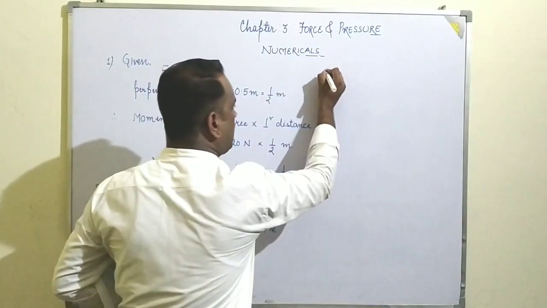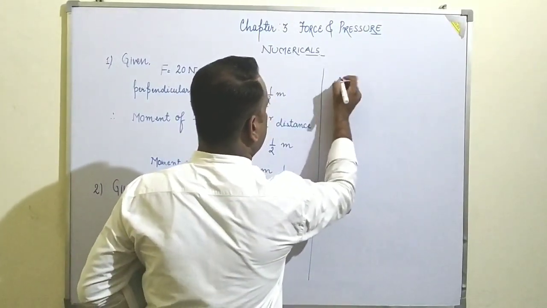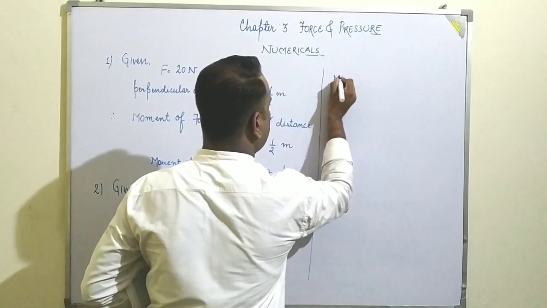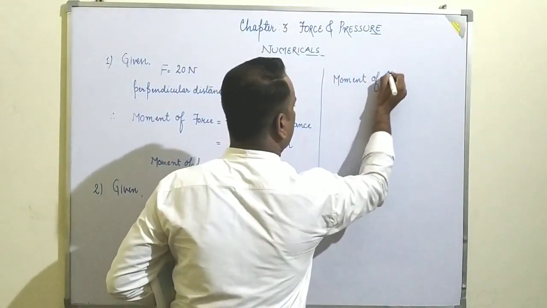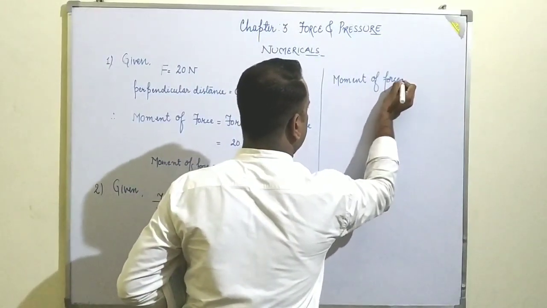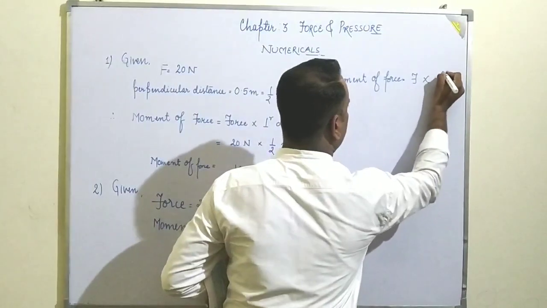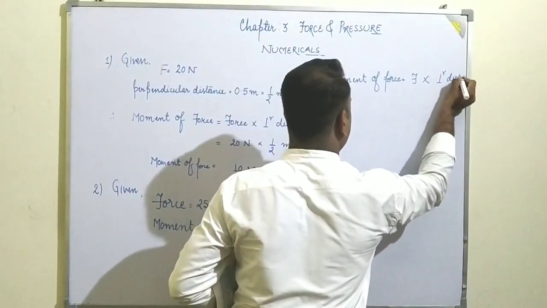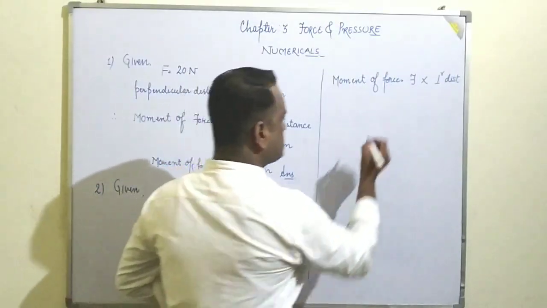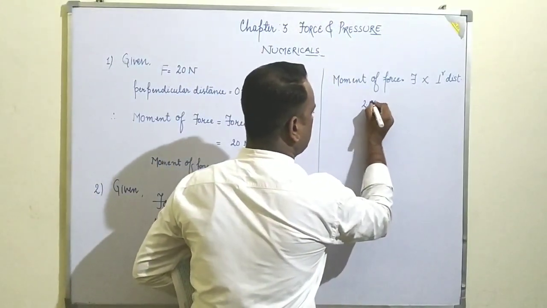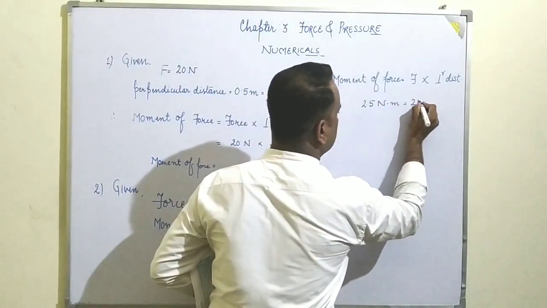In order to find the perpendicular distance, the formula is: moment of force is equal to force into perpendicular distance. Moment of force is 2.5 Newton meter and force is given as 25 Newton.